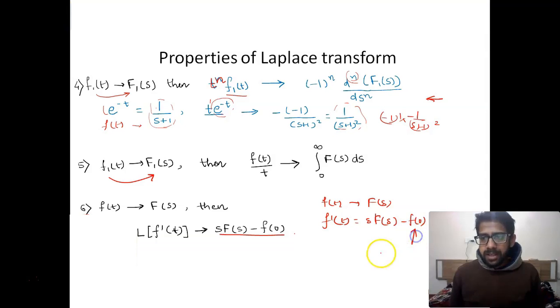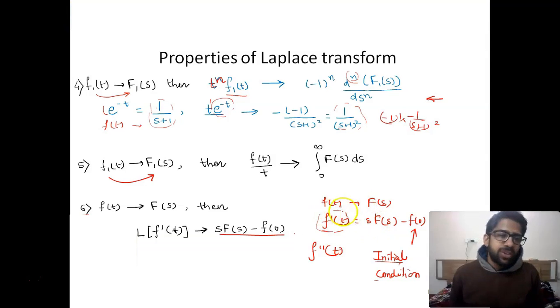This is nothing but the initial condition. So the initial condition will be given, or you can find it by putting t equal to 0 in the original function. Once you get the Laplace transform of f dash of t, you can then find the Laplace transform of f double dash of t.